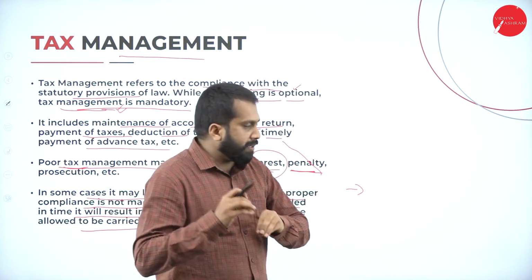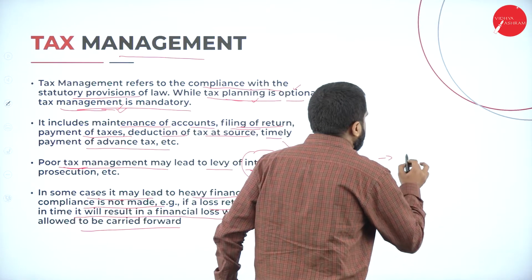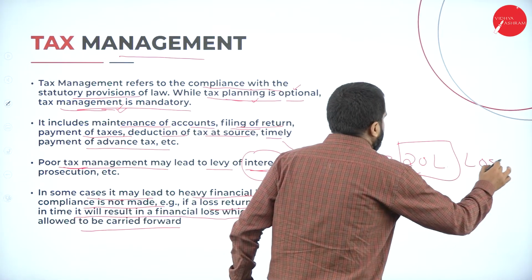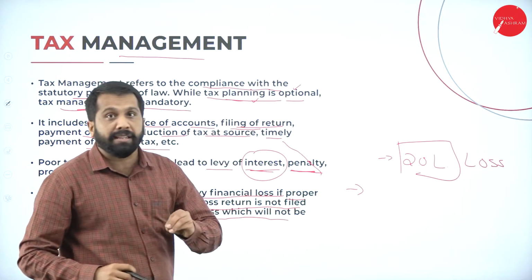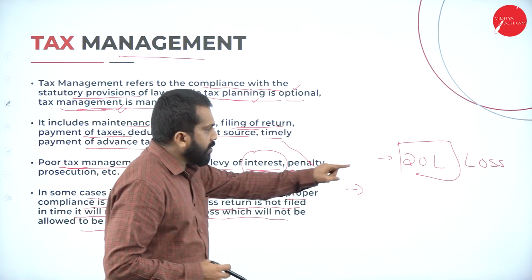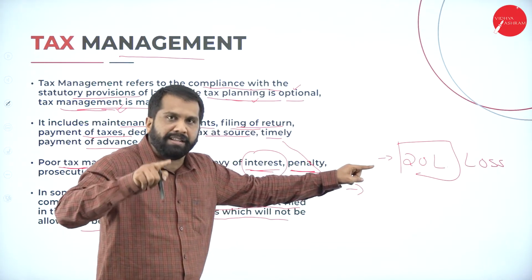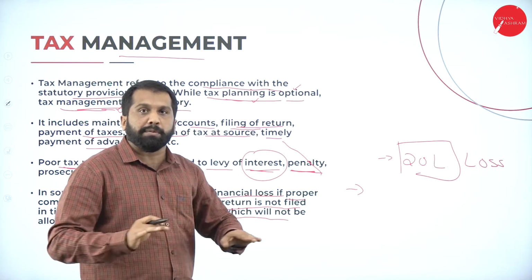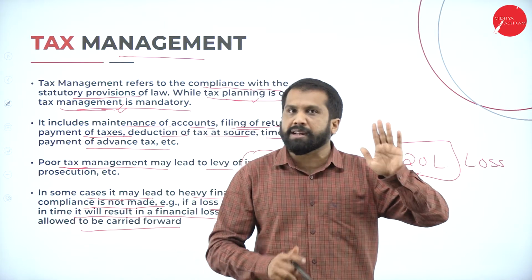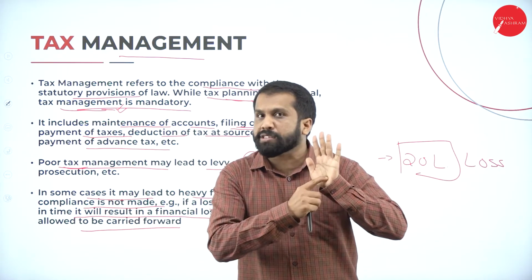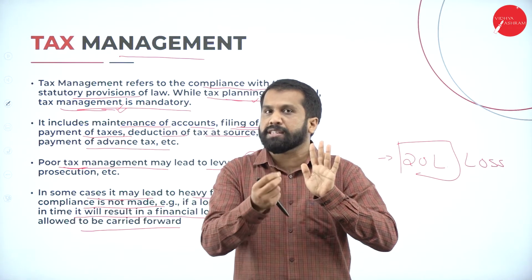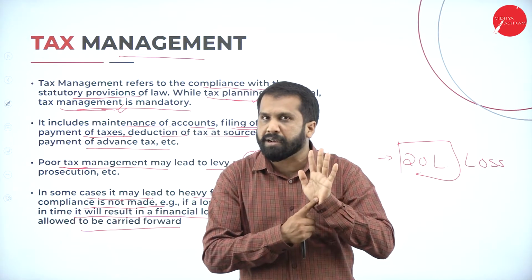What happened? This year you incurred a 20 lakh loss. Even though you are in loss, you have to file your income tax. You are not paying tax because you are in loss, but you have to show the government that you are under a loss of 20 lakh. This is your responsibility. Hope you are clear? Yes.